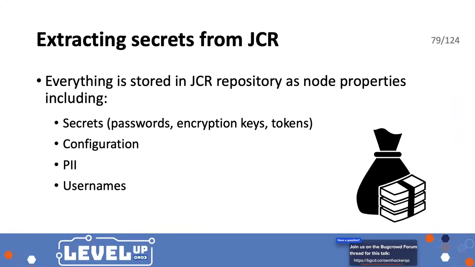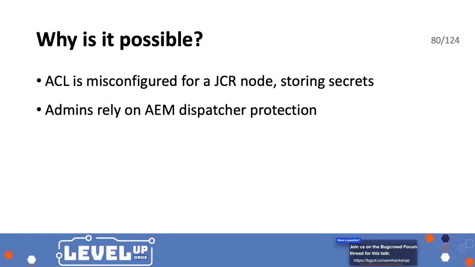This rule is also valid for various secrets, including passwords for databases or online services, encryption keys, secret tokens, production configuration backups, and private information about users like emails, home addresses, and so on. Why is it possible to leak secrets? Because admins rely on the AEM dispatcher and don't configure access controls in the content repository.